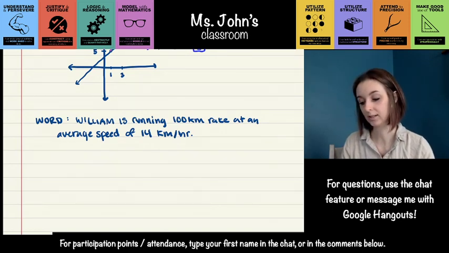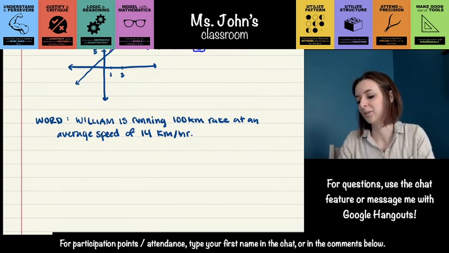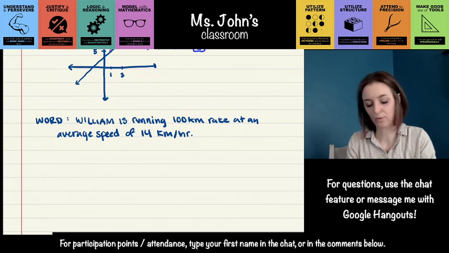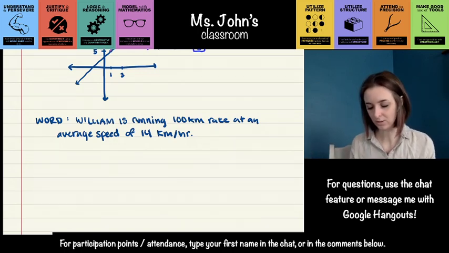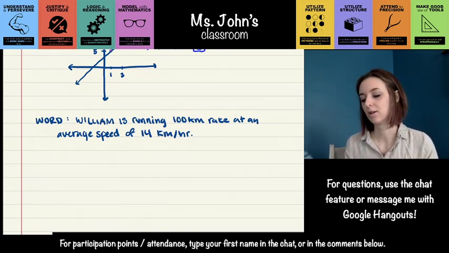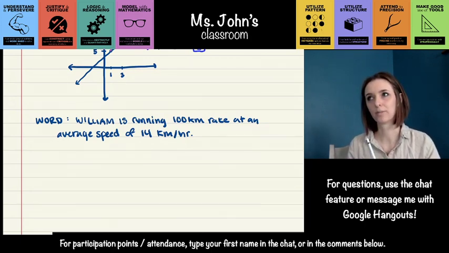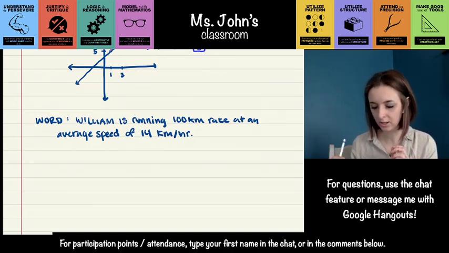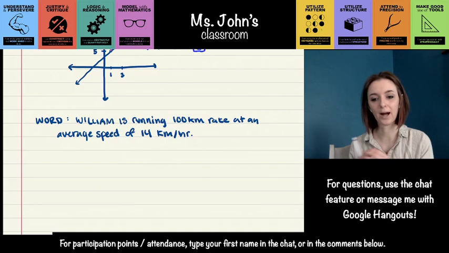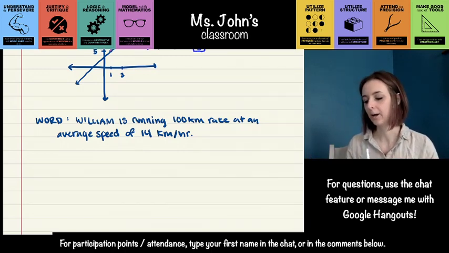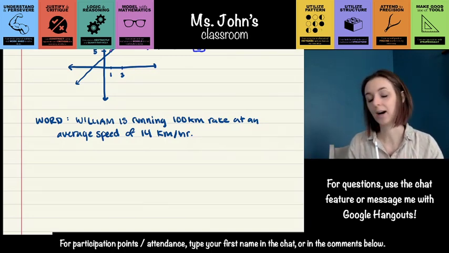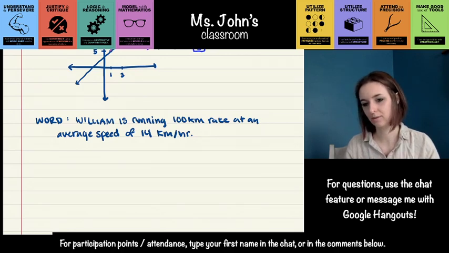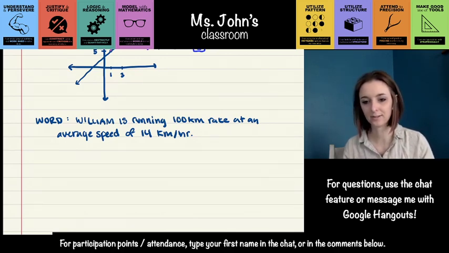So what we're looking for here is what the slope is in this word problem. Looking for slope in word problems like these is more about looking for a certain word association, or just looking for how it is changing. In this situation, it's time versus how far William has gone.